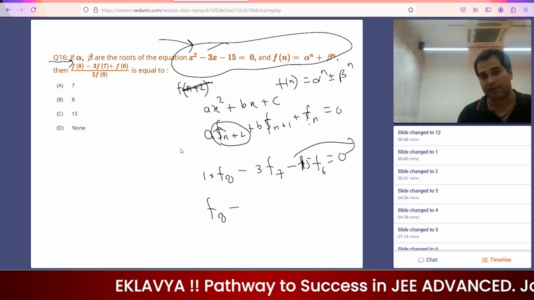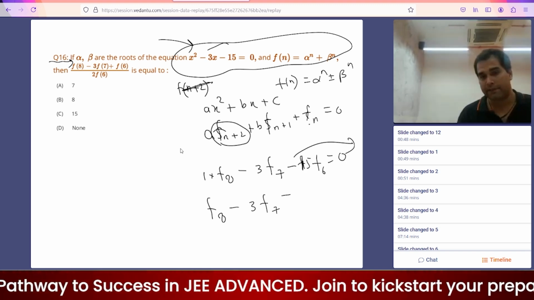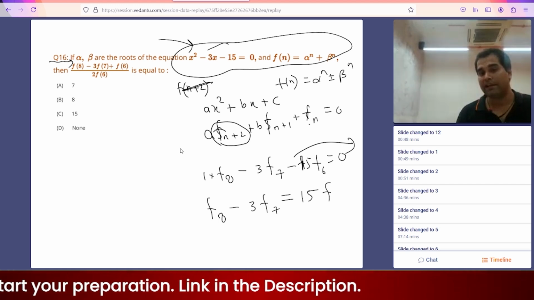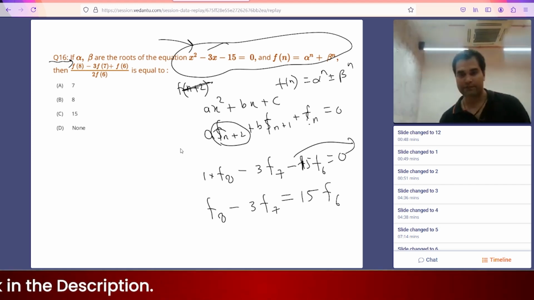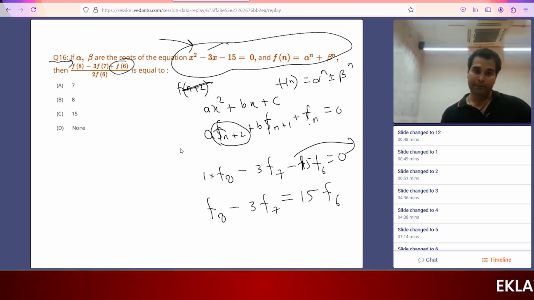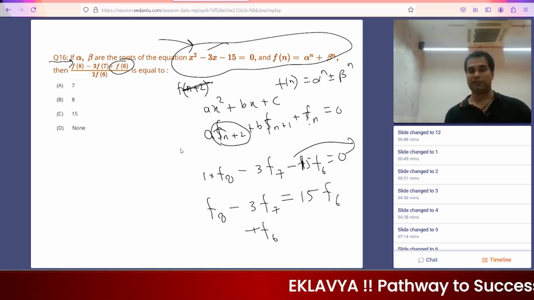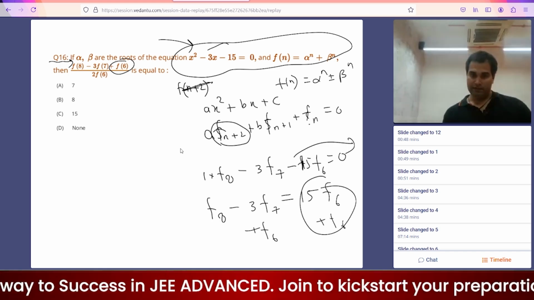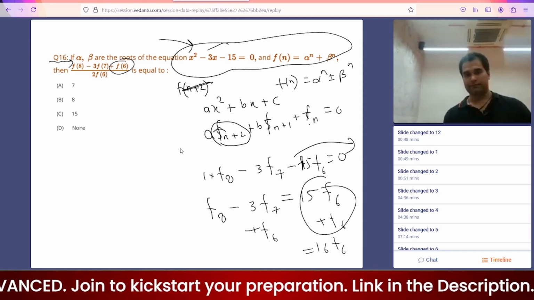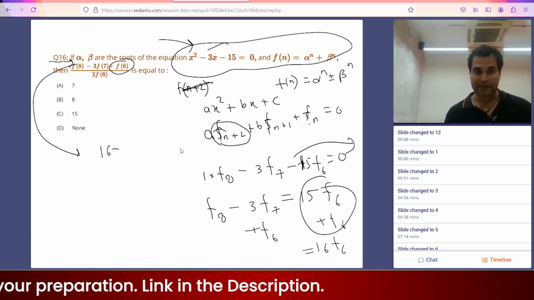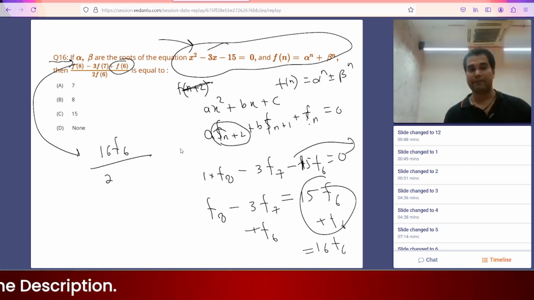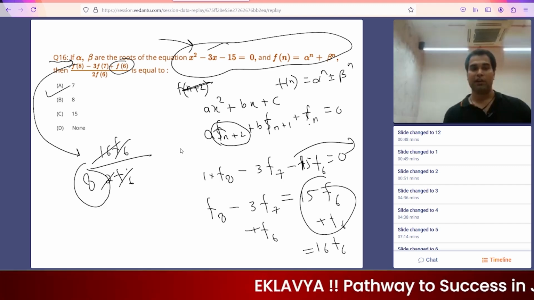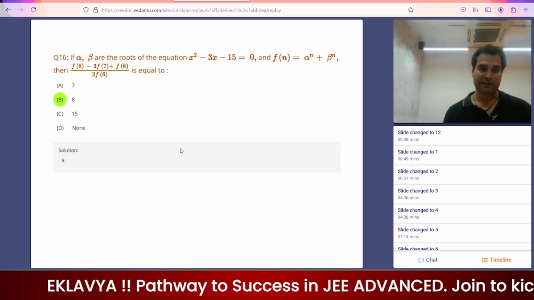When we transpose, f of 8 minus 3 times f of 7, when minus 15 f6 is transposed to the right hand side, this means 15 of f6. And here we have to add plus f6 on both sides, so here 16 f6. We will get 16 f6, and this is written as 16 times f6 divided by 2 times f6. This cancels out. To adjust, 16 means 8 is the correct answer.